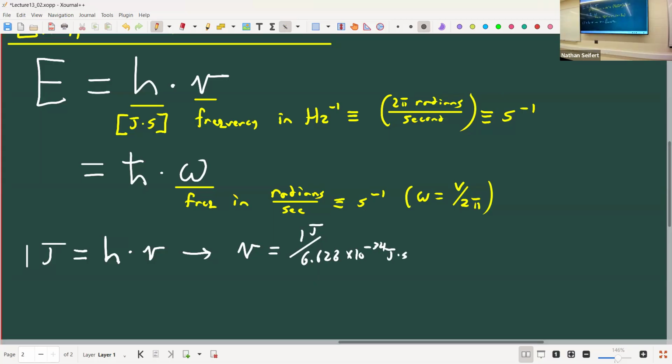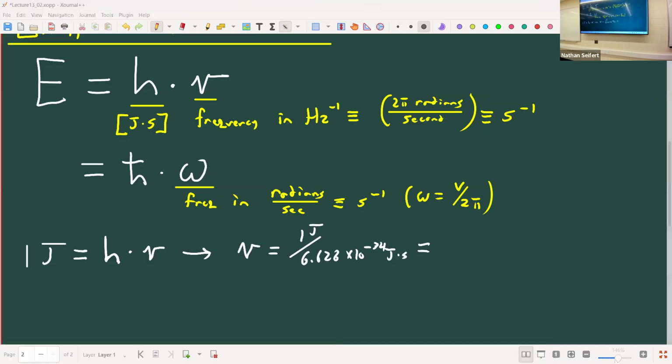Right, that's a really big number. Let me just pull up my calculator. All right, that's a huge number. That's a frequency of 1.51 times 10 to the 33 hertz.